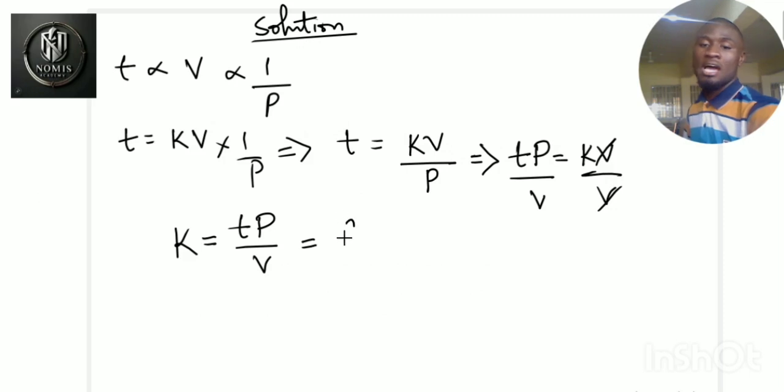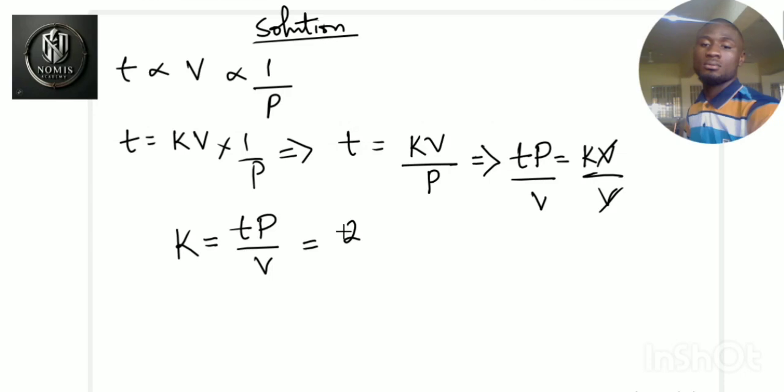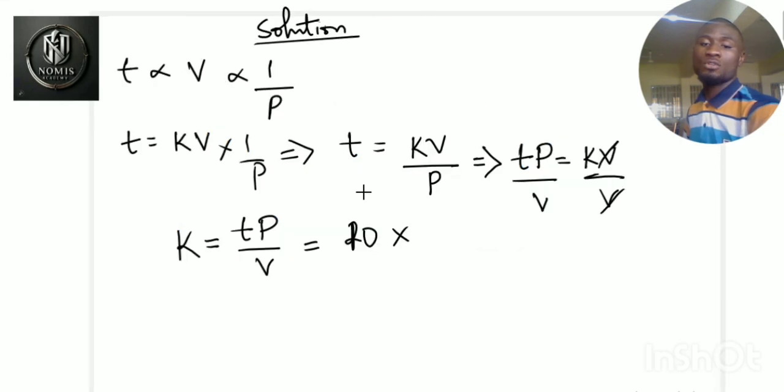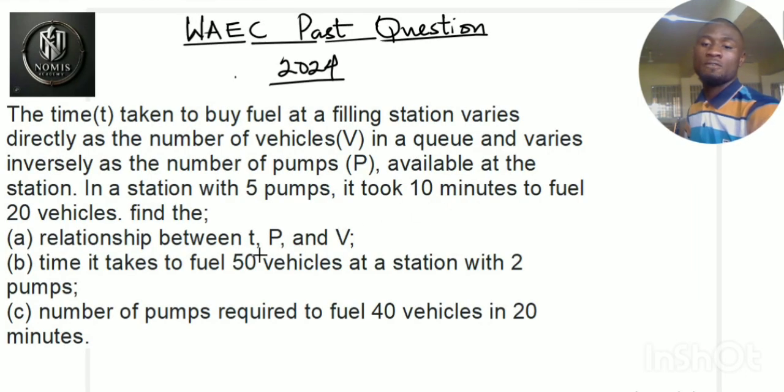So time T is 10 minutes, multiplied by P, which is 5, all over V, which is 20.